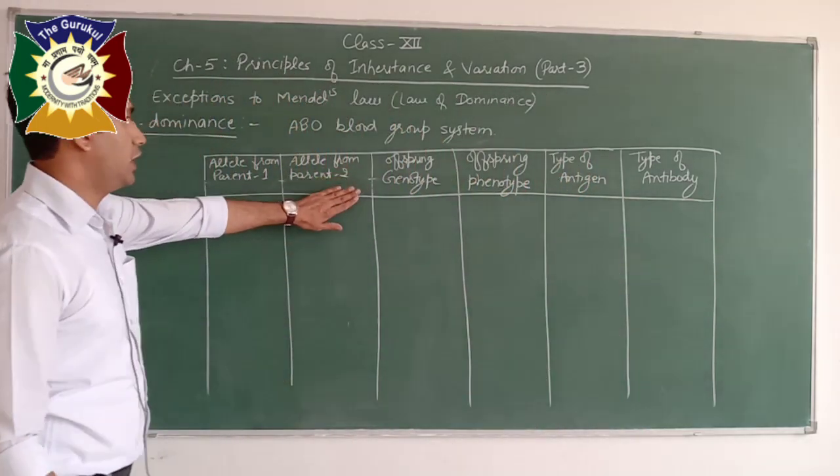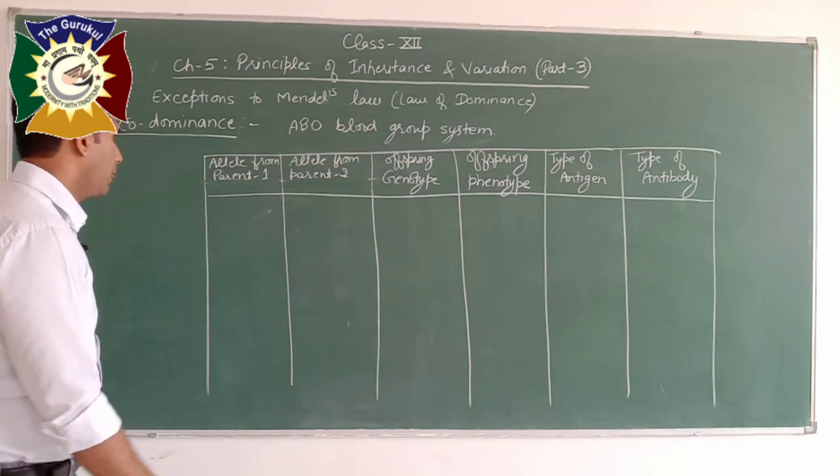So this is the table of the ABO blood group system.